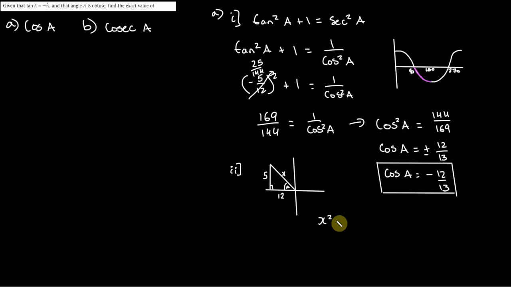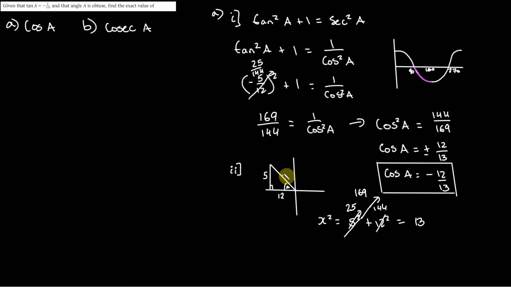You could write x squared equals 5 squared plus 12 squared. That's of course 25, plus 144, and that together is 169. You take the square root, that's 13, right?